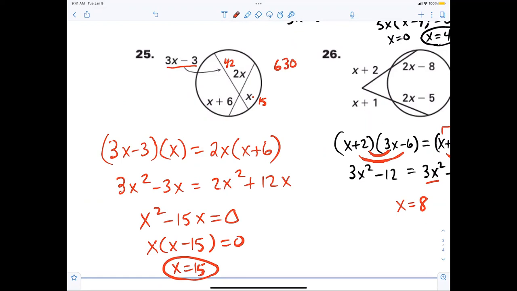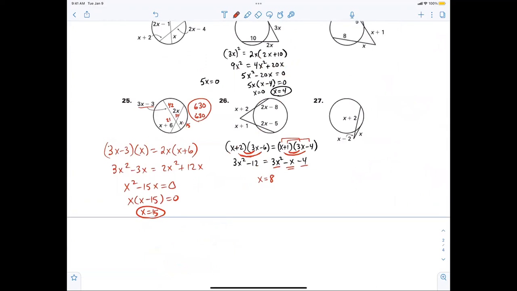And then over here, I've got 21 times 30. And guess what 21 times 30 is? Yeah. So we know we did that one correctly. All right, the product of the parts are always equal.